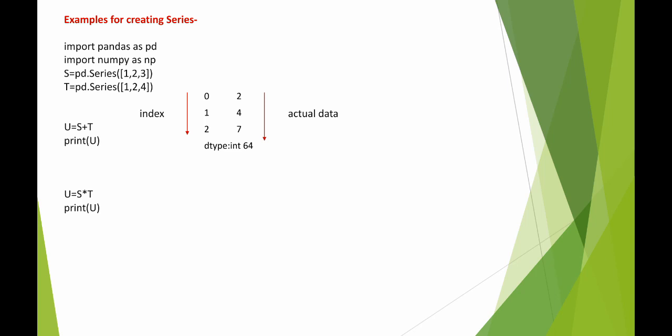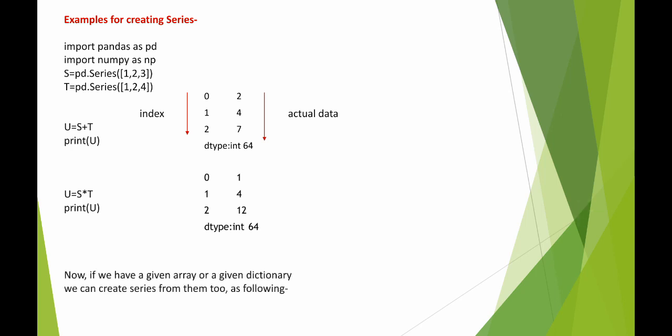So 1 multiplied by 1 gives 1, 2 multiplied by 2 gives 4, and 3 multiplied by 4 gives 12. Again you will have one array for the indexes, so the output will be somewhat like this: one is the index 0 1 2, and one is for the actual data values produced by the multiplication, and again dtype is int64.